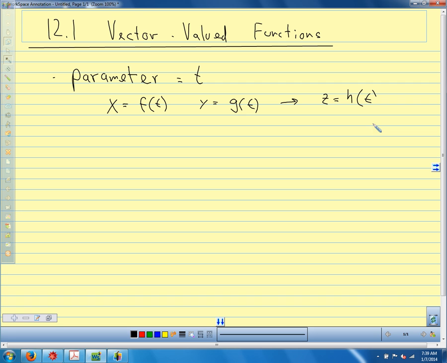We can also think of these coordinates as the components of a position vector.